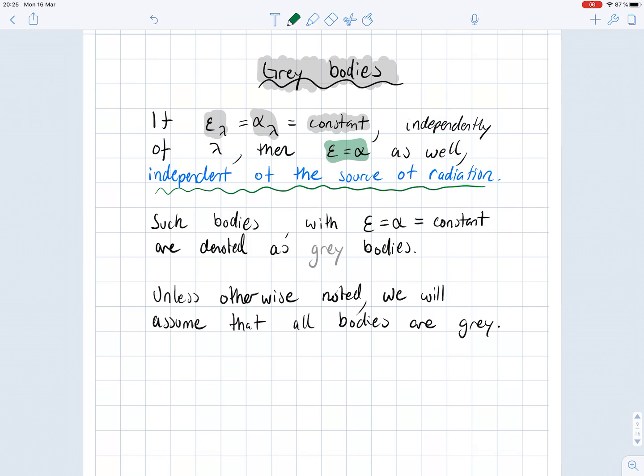Since this is so useful, because it gives us a greatly simplified formalism for both absorbing and emitting of radiation, we define these bodies, so bodies that have epsilon equal to alpha equal to a constant, as being gray.